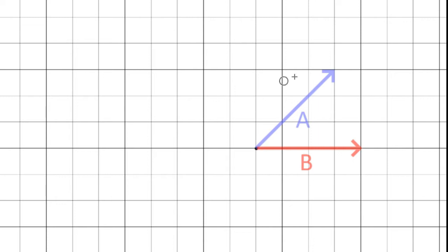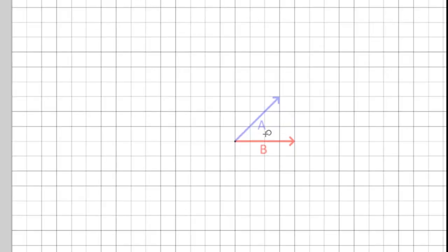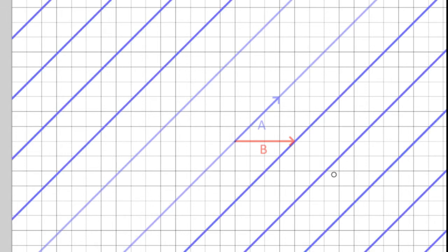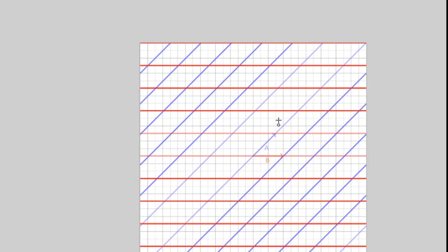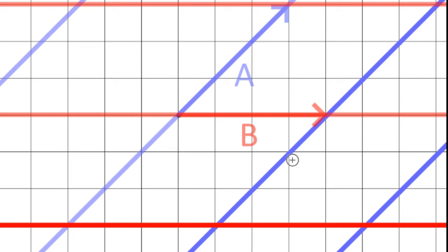So when we do have a basis A and B, and we know that they span the full vector space, you can call it R2, or you can call it the Cartesian plane, or the 2D plane. But just to show a visualization, the vectors spanning the space just means that we're able to access every single point only using vector A and vector B, so vector addition and scalar multiplication.